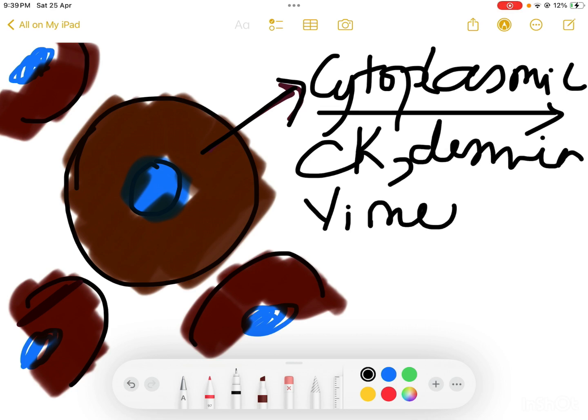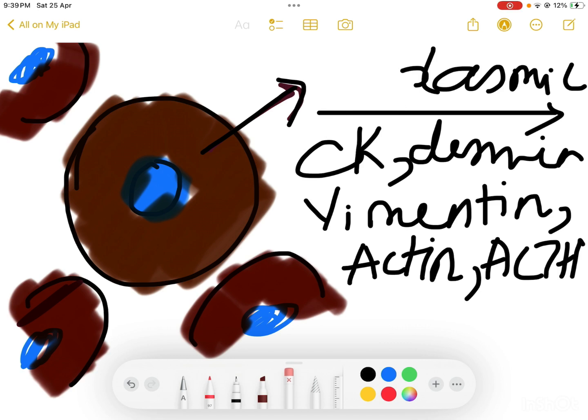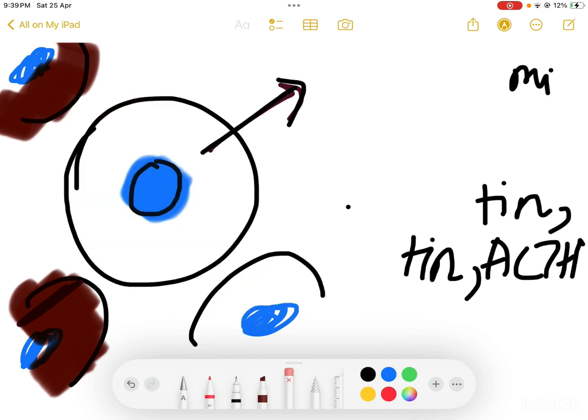Then there is vimentin, which is a mesenchymal marker. It's a bit of a non-specific marker, but still we use it in basic setups like low budget setups, like most of the Indian setups. We are improving though. Then there is actin, and then there is ACTH. So that is about the cytoplasmic markers.